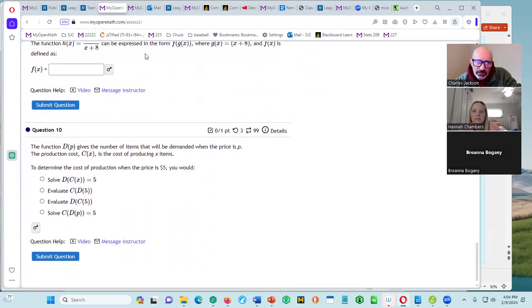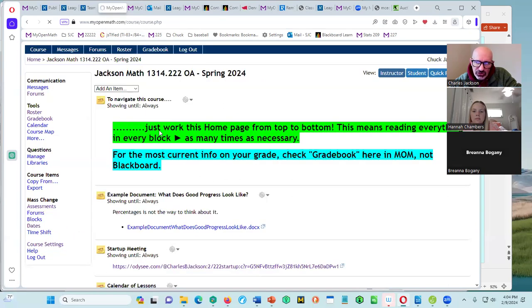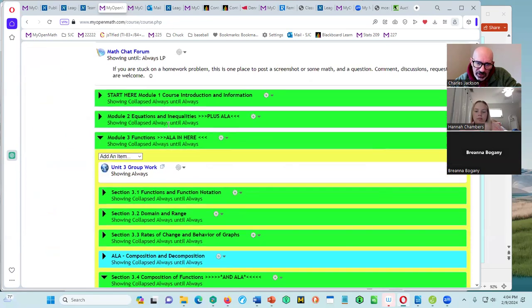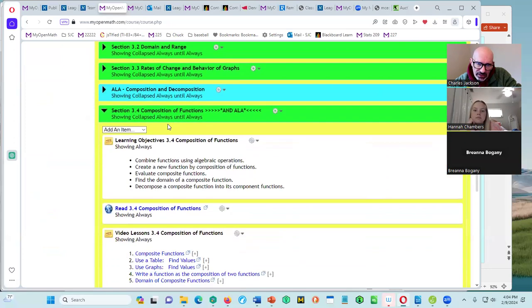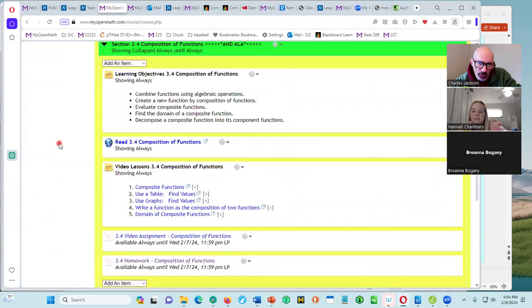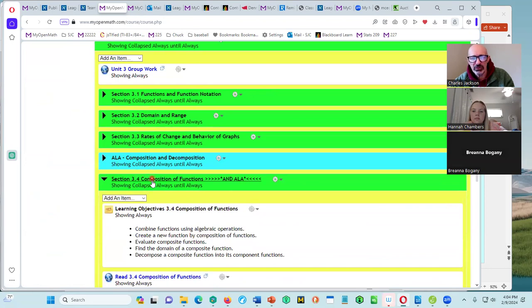So by now we're learning the drill. To get to the right page in the ALA, we start in the module, as always. In section 3.4, it says ALA. I might have pulled it out of section 3.4. Let's see. Oh, I put it before. Yeah, I pulled it out and put it before.